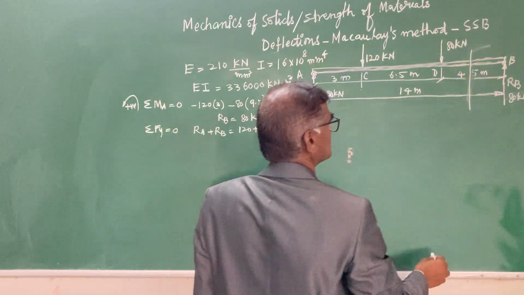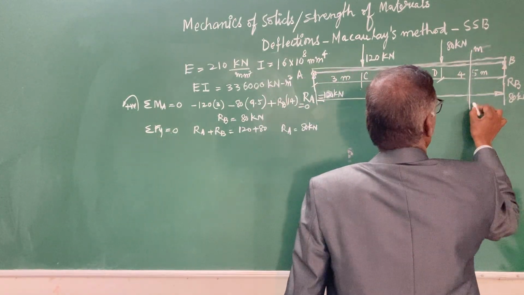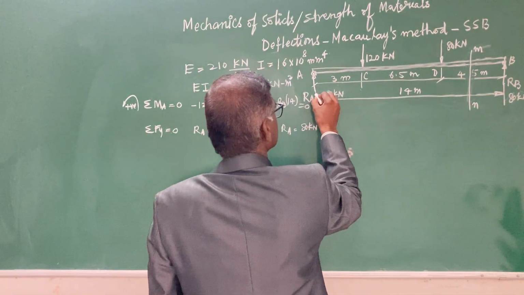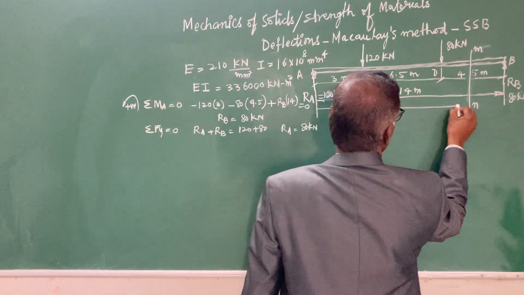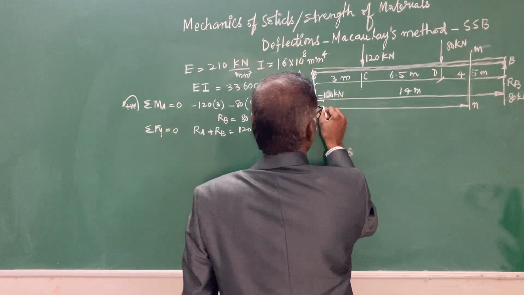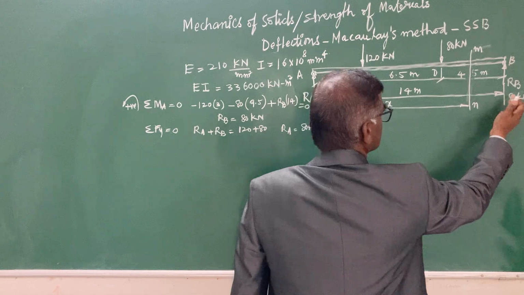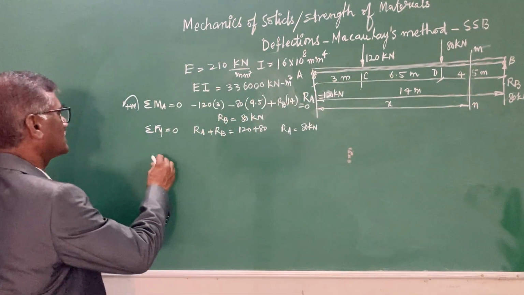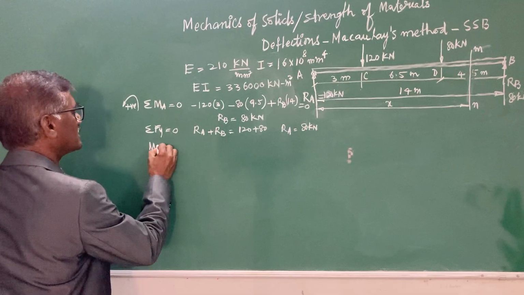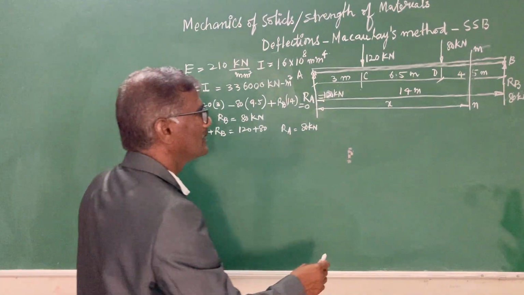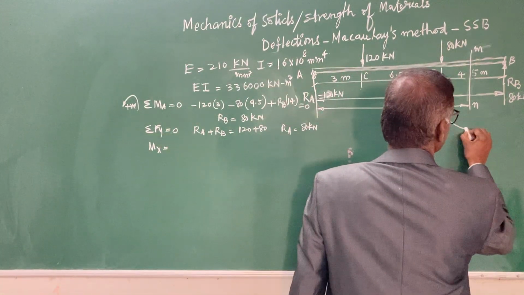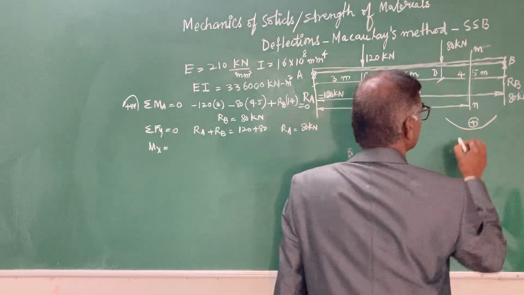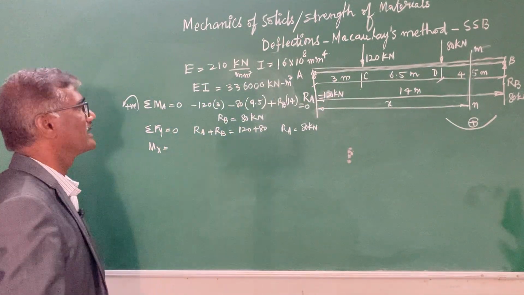I am selecting a section, calling it Mx, at a distance x from the left support. I have taken this particular section just before the right support, and let us write down the Mx equation with standard notation. As you know very well, the smile effect bending moment is positive.